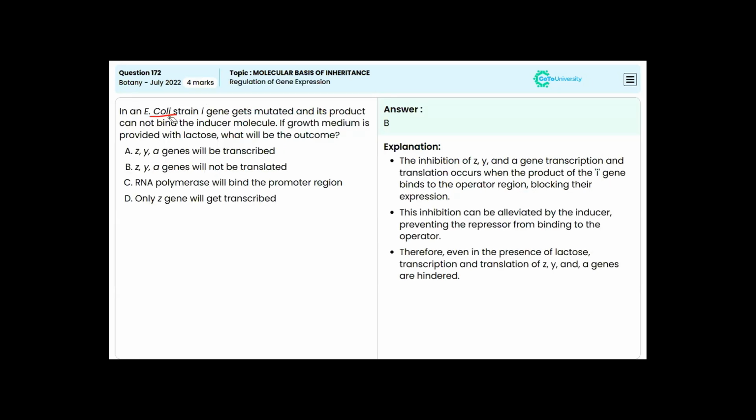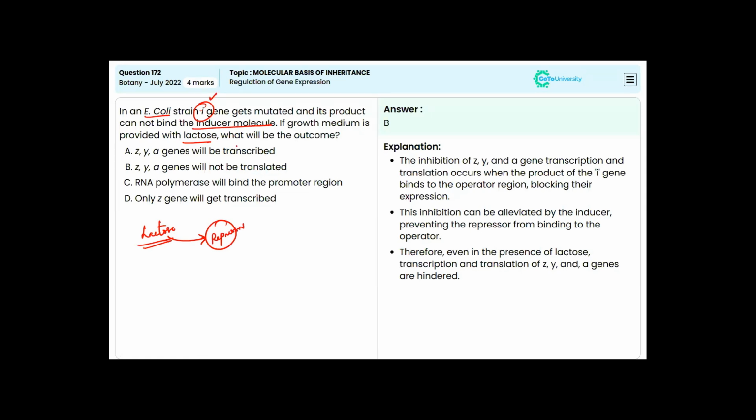Now let's move to the last question. In an E. coli strain, the I gene gets mutated and its product cannot bind the inducer molecule. If the growth medium is provided with lactose, what will be the outcome? We know that if the inducer lactose is present, it binds to the repressor protein, and the repressor protein is coded by the I gene.